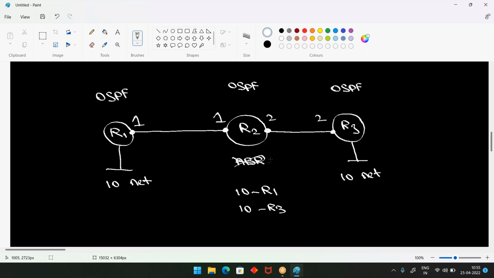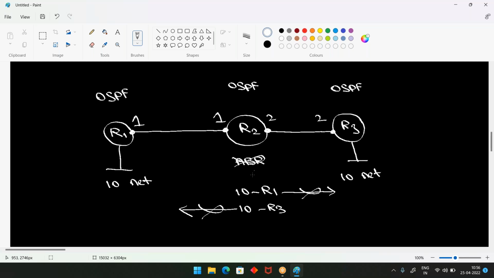If this router is not an ABR, then R2 will not share the networks information to area 2, and R2 will not share the R3 networks to the R1 router. Why? Because it is not the ABR. ABR only will share the networks information between multiple areas.